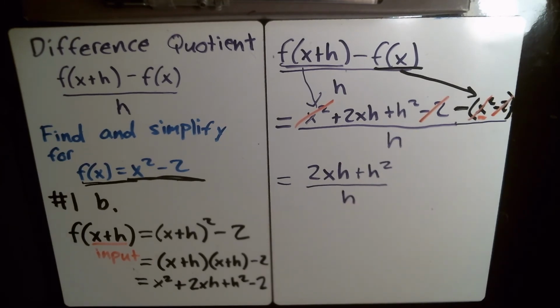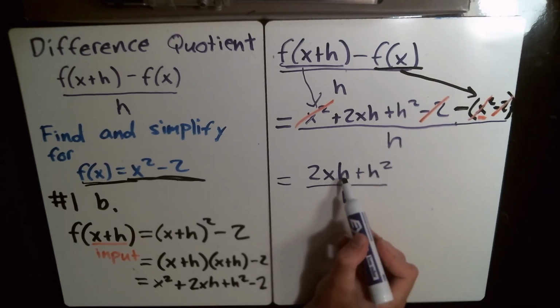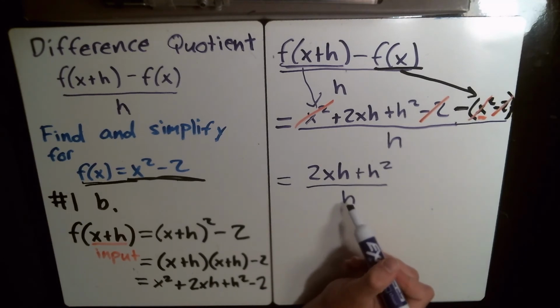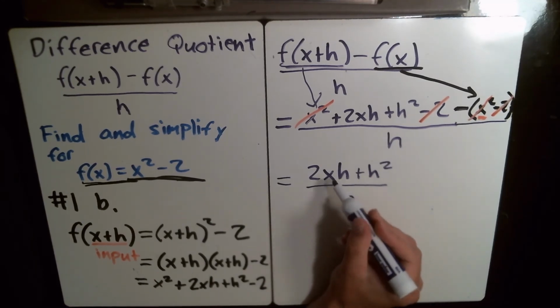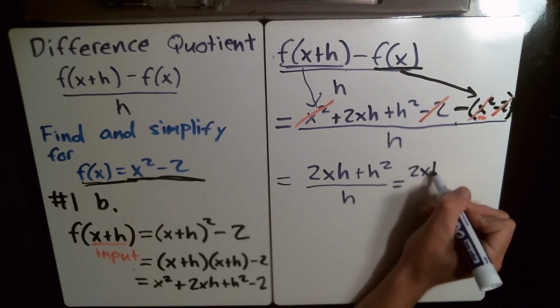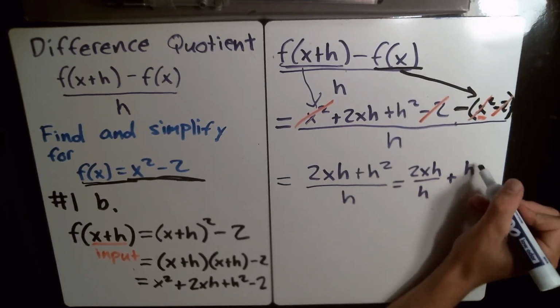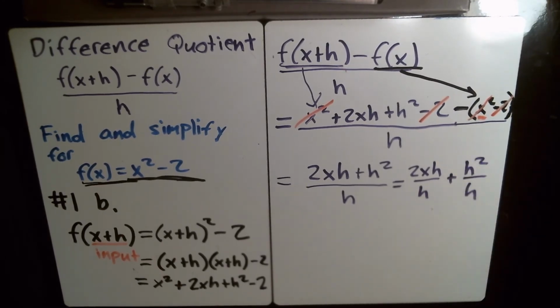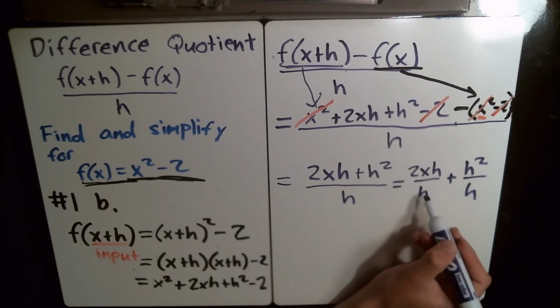And now all we need to do is, there's an h in both terms on the top, and I'm dividing by it. So I can divide each individual one. This would be the same thing as doing 2xh over h plus h squared over h. You can split it into two fractions and then divide the h out of both of them, right?